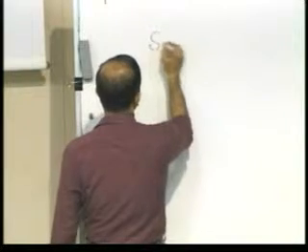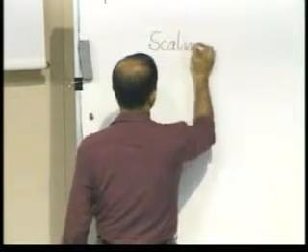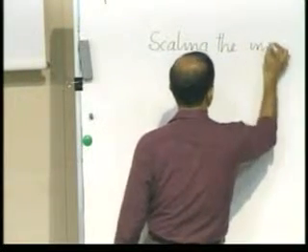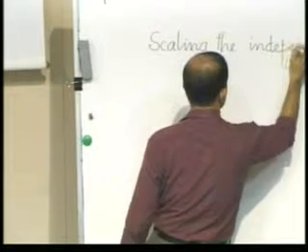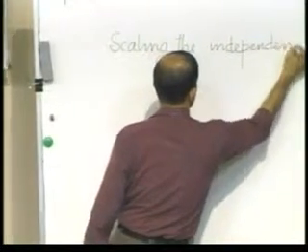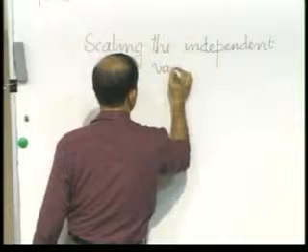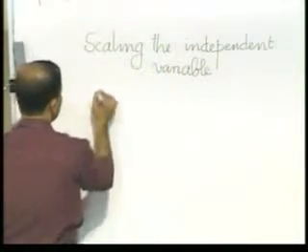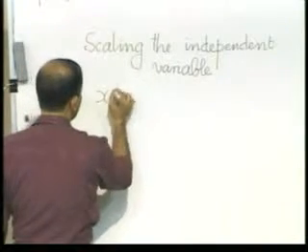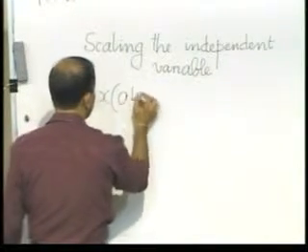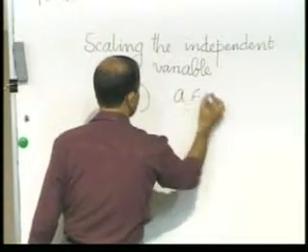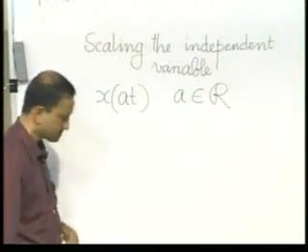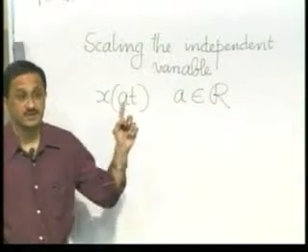So, scaling the independent variable. What we are saying is, instead of x(t), we replace t by at, where a is real. Not necessarily positive.